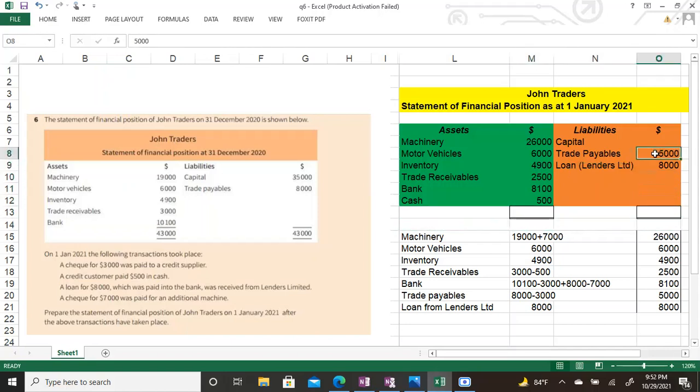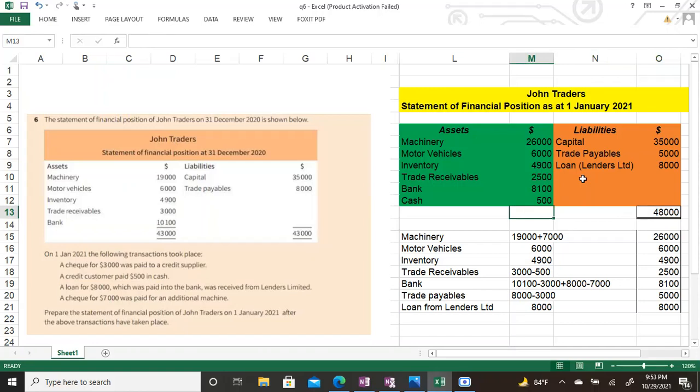Now we need to add both sides. And capital, the value of capital was 35,000. So I am writing here capital 35,000 because there was no change in the capital. The owner didn't bring any further capital into the business during the year. Our liability side total is 48,000.